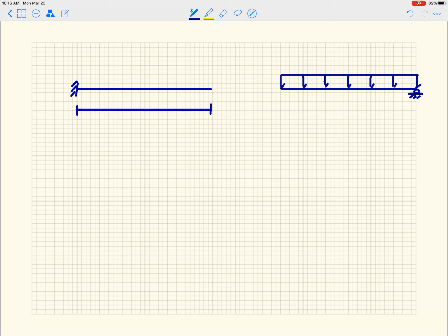This one is L, and this one is also L, and this is W. I don't really care about the sign convention here. You can choose one or the other, it doesn't really matter.